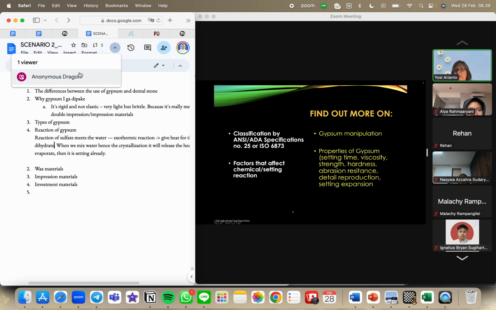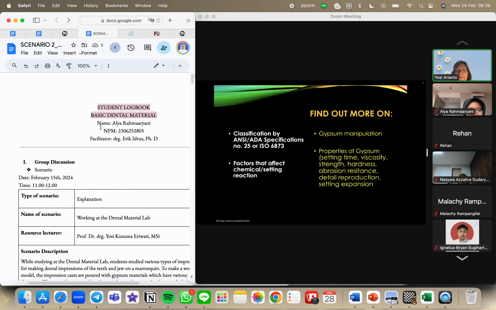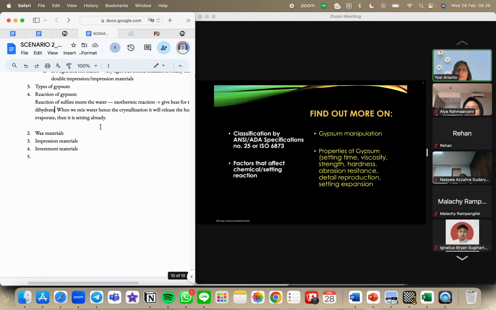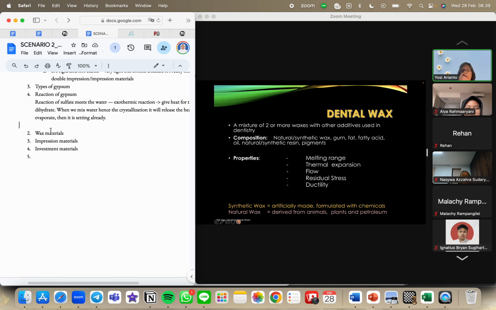Any questions until this? No? Okay. We move on to the dental wax. This dental wax is usually a mixture of two or more waxes with other additives used in dentistry.